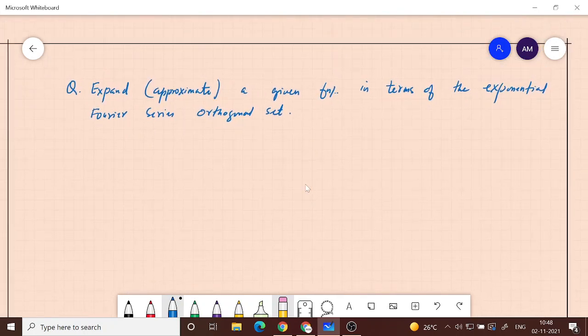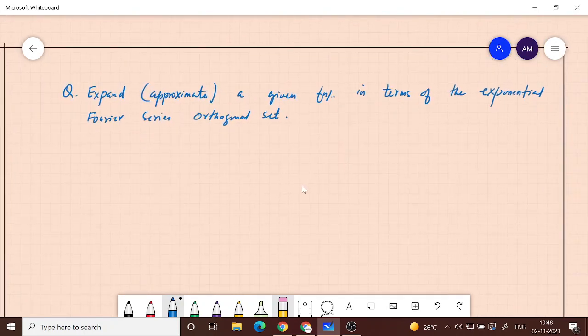How can we do this? What we do is, let the approximate function be written as the sum of Cn e raised to j n omega 0 t, where n goes from minus infinity to plus infinity. Just like before.